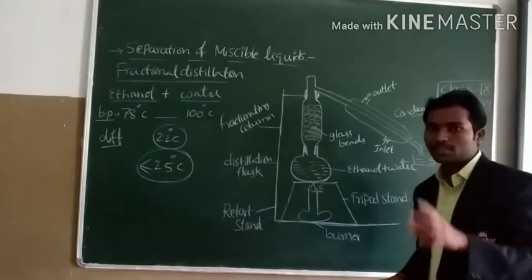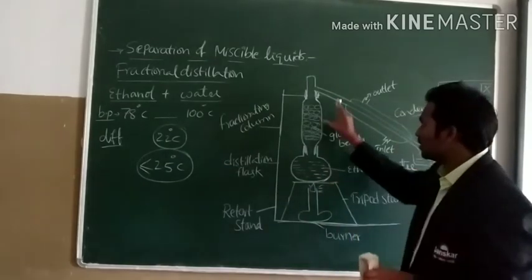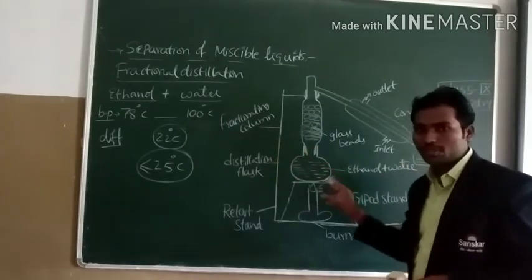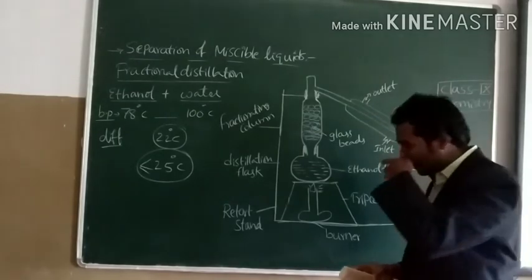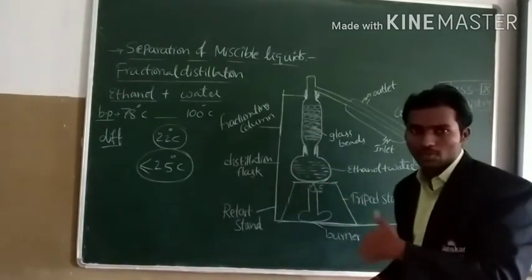The difference between simple distillation and fractional distillation is that in fractional distillation we use a fractionating column. Why do we use a fractionating column? Because here the boiling point difference between the two liquids is less than 25 degrees Celsius.